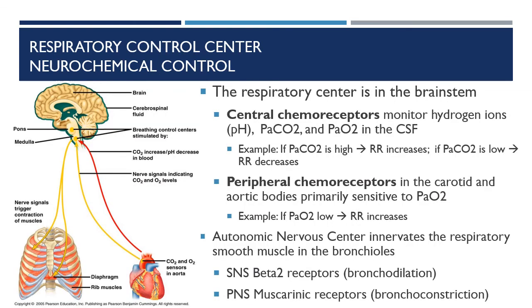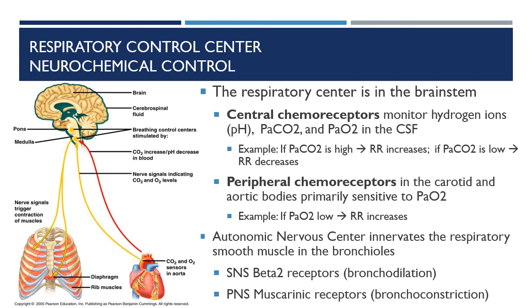Okay, so the respiratory center is in the brainstem. Like a lot of automated systems that are in the body that don't require our input, they are often in the brainstem. So for example, the vomit center, the respiratory center is just another example.